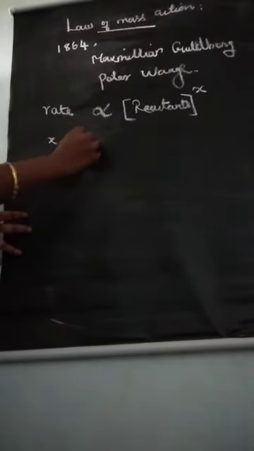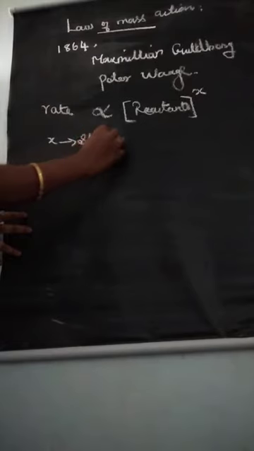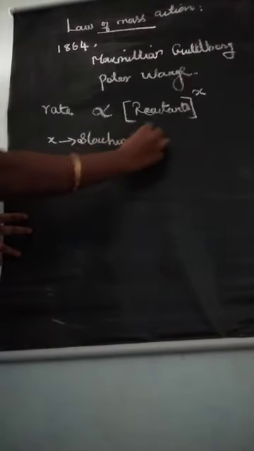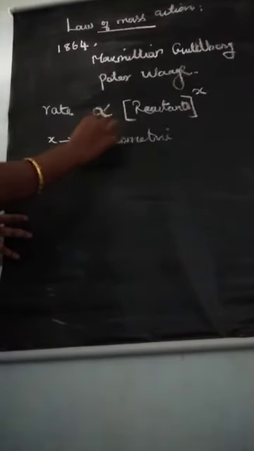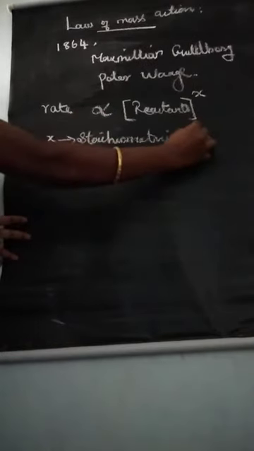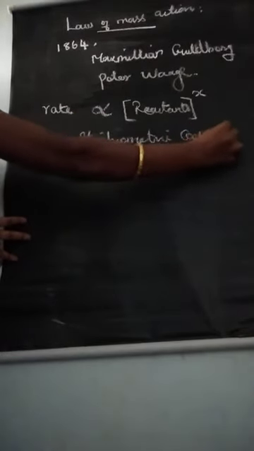Understand? And here you can write the formula: concentration of active mass of reactants power x. Here this power x represents the stoichiometric coefficients of reactants.